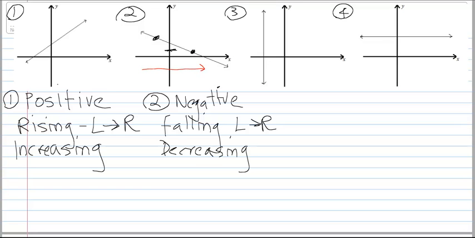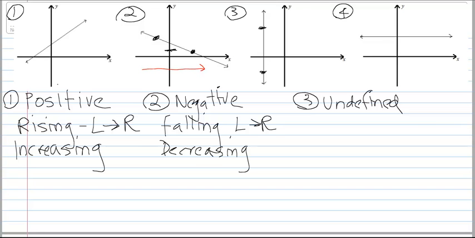This third one being what happens on a vertical line. This slope is actually called an undefined slope. And I'll explain to you, and you'll see numerically in just a few minutes, why we call that undefined. And remember, as we're describing slopes of lines, we're describing, is the line rising?